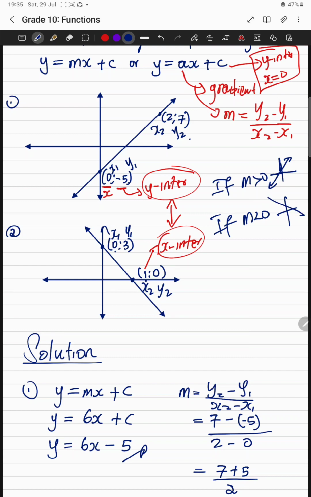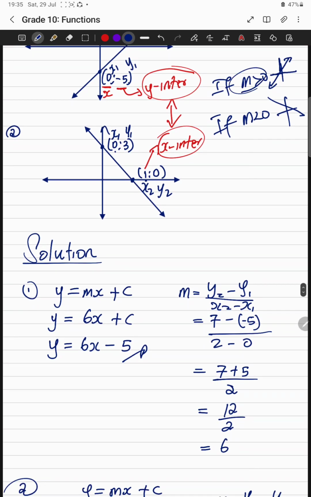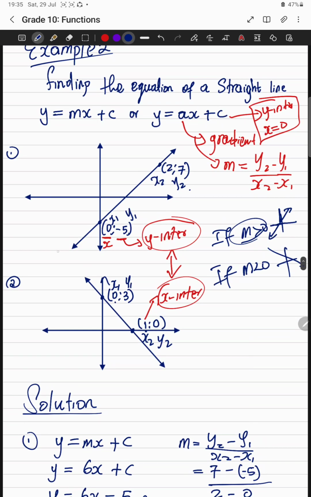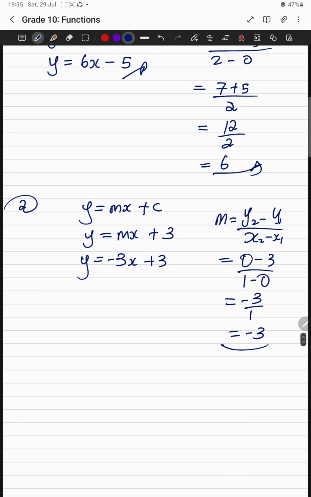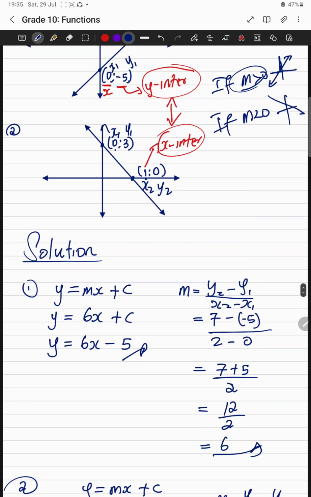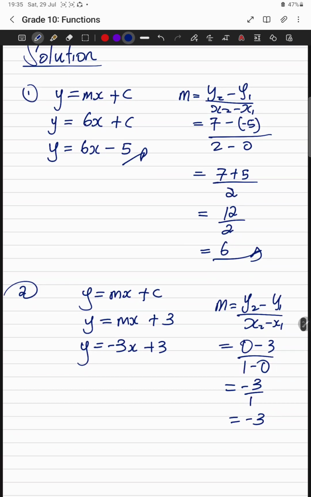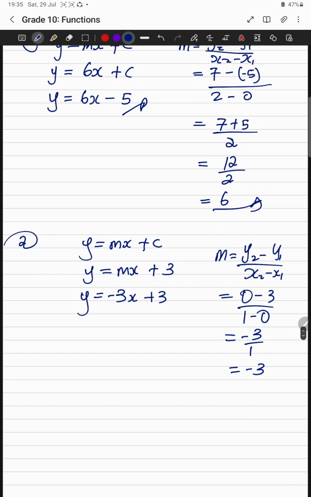So look at ours here. The first one, the gradient is positive. We've got 6, and our shape is going that direction, so it's 100% correct. The second, our gradient is negative, so our shape, of course, is correct. So this is how you determine the equation of a straight line.